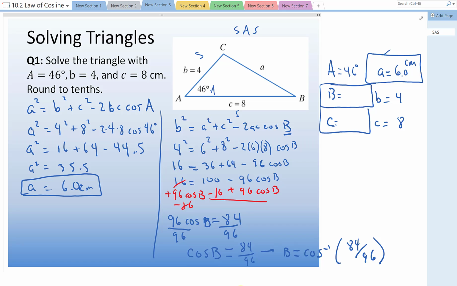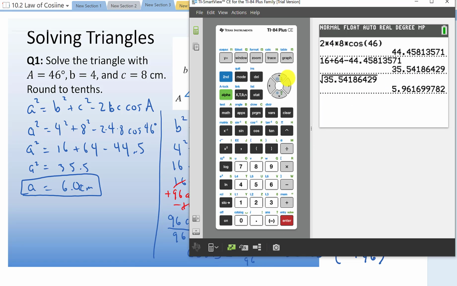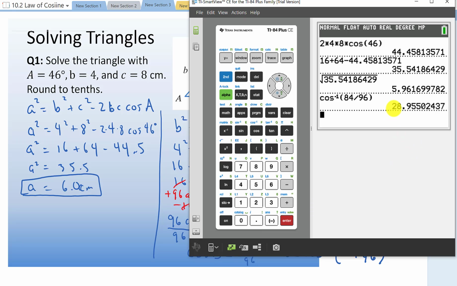Let's use this calculator so you can see. Cosine inverse, 84 divided by 96. And I get 28.95.